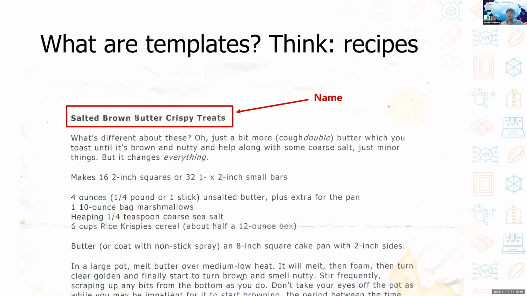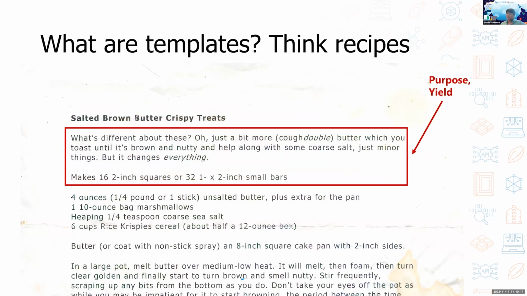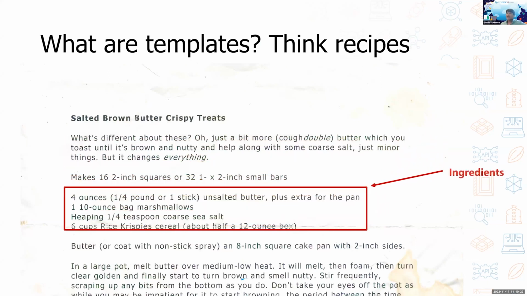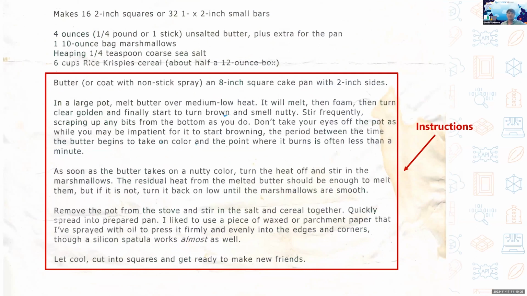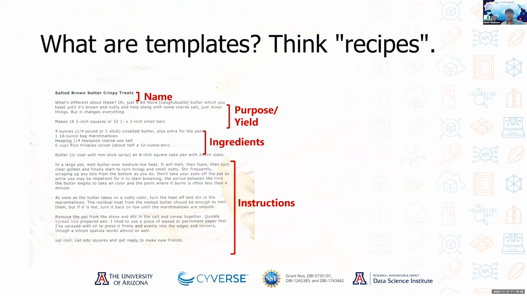But to go into more of the anatomy of recipes and why it's a good analogy: recipes have a name. They have purpose and yield. They create something, and it creates a certain quantity. It has ingredients, and then, of course, the important part, which is the instructions.